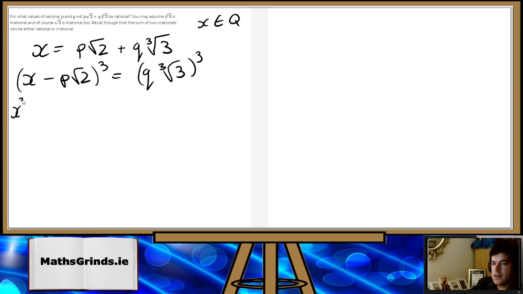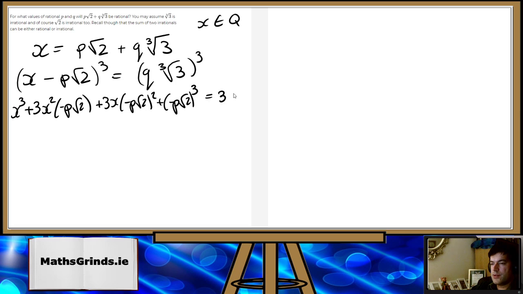So I get x cubed plus 3x squared times minus p root 2, plus 3x times minus p root 2 squared, plus minus p root 2 cubed. That should equal 3q cubed.